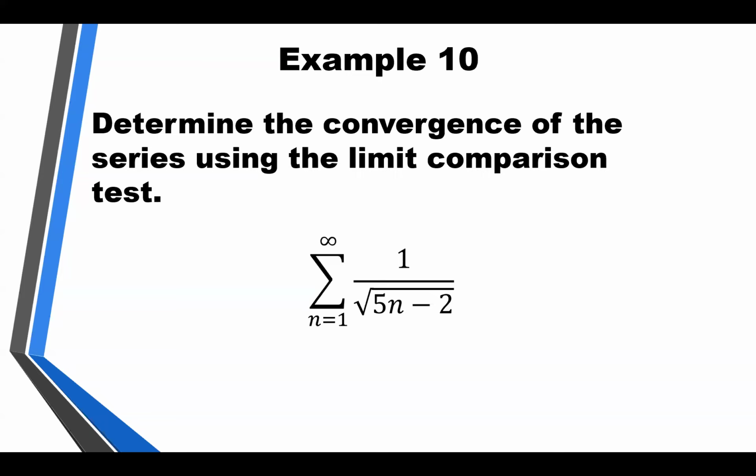Let's do another example. Let's take the infinite series summing up 1 over the square root of quantity 5n minus 2 from n equals 1 to infinity.